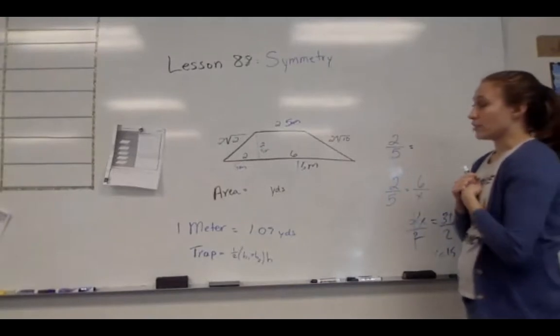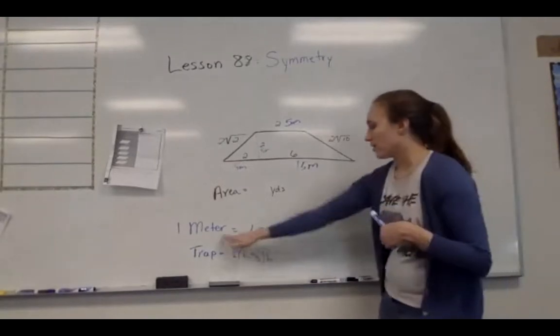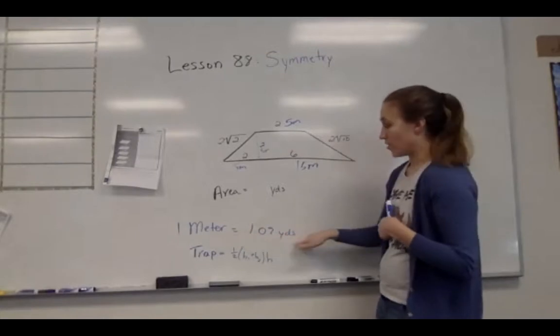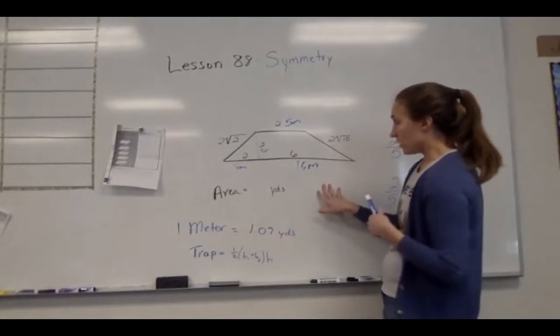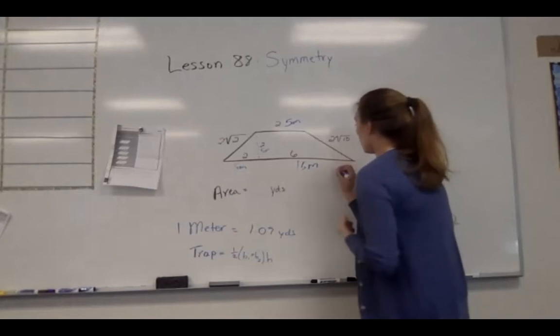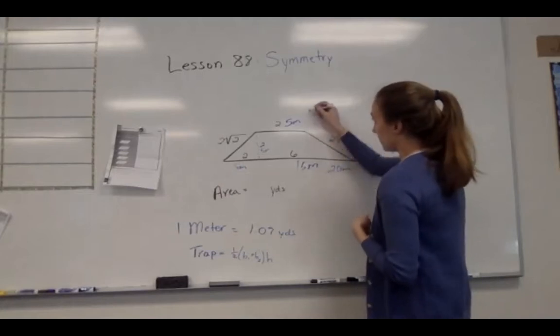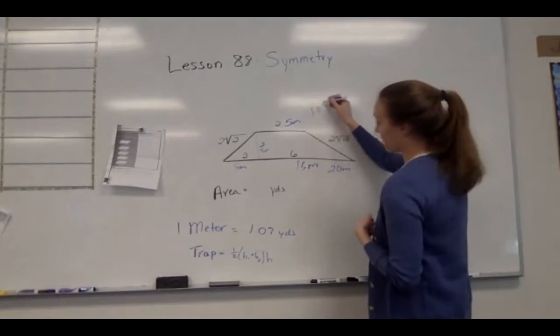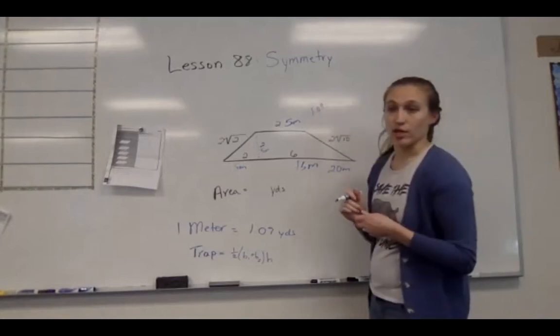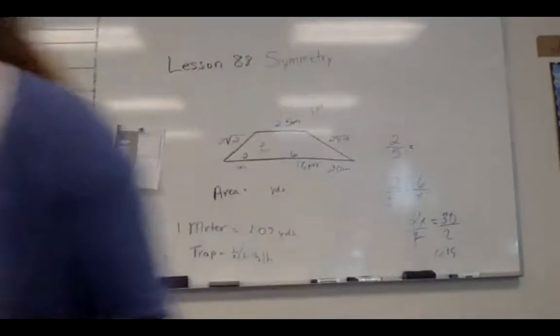Now you have to convert it to yards. So 1 meter is 1.09 yards. You can even add these at this point. Go 20 meters times 1.09 and 5 meters times 1.09. And that'll get you the yards. You can use your calculator on that.